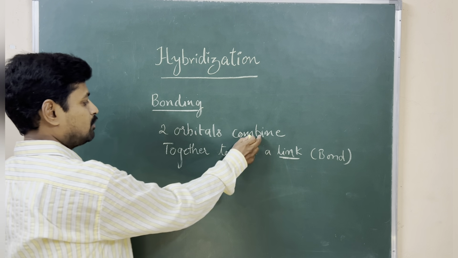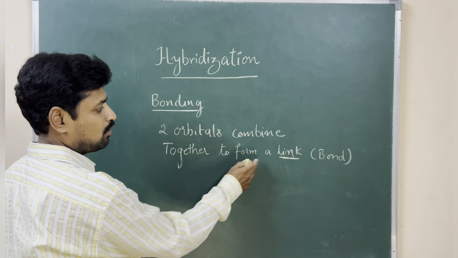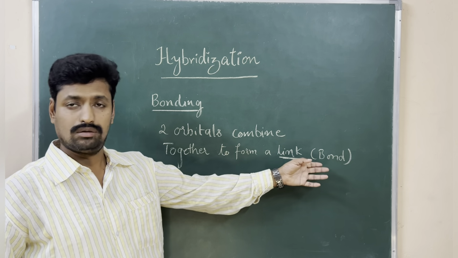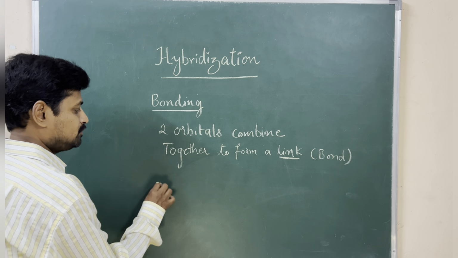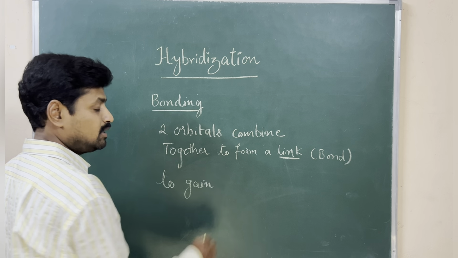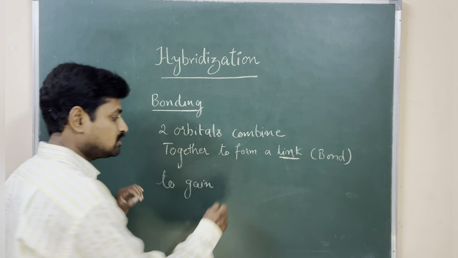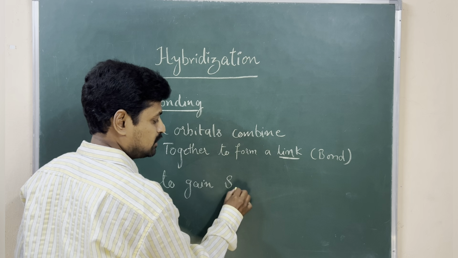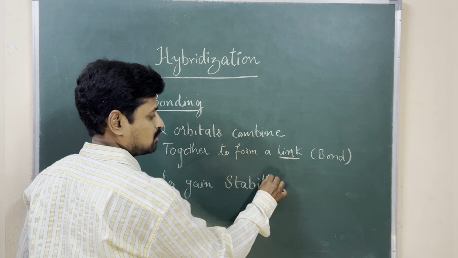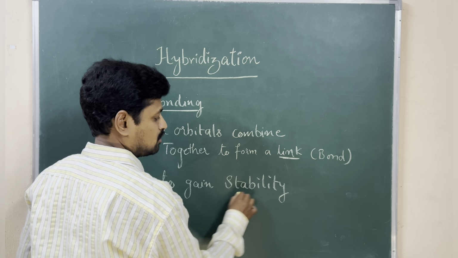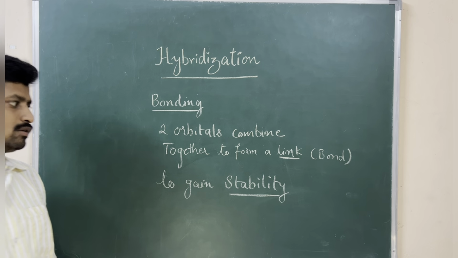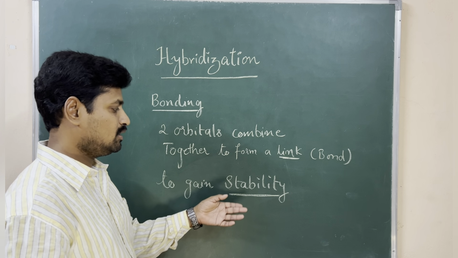Two orbitals combine together to form a link, which is called a bond, to gain, and the key important point here is stability. To gain stability.